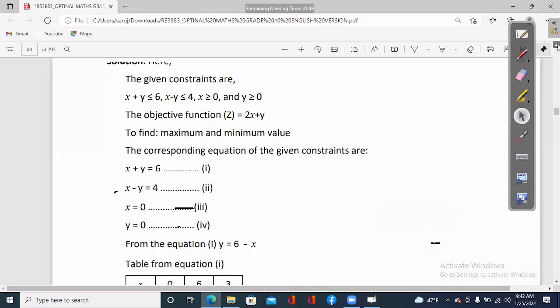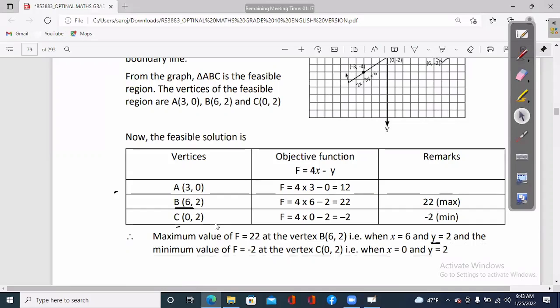So you can see the values we are getting are 12, 22 and -2. So 22 is the maximum value and -2 is the minimum value for the given function, according to the given constraints, that is, inequalities. So you can write the conclusion: the maximum value is 22 and the minimum value is -2 when x equals 6 and y equals 2.